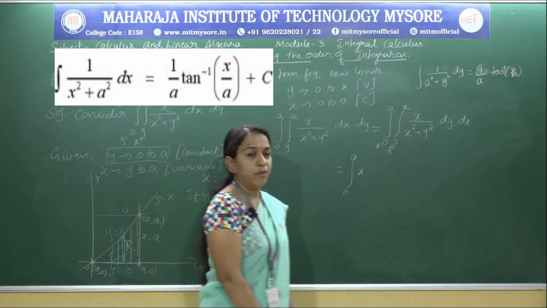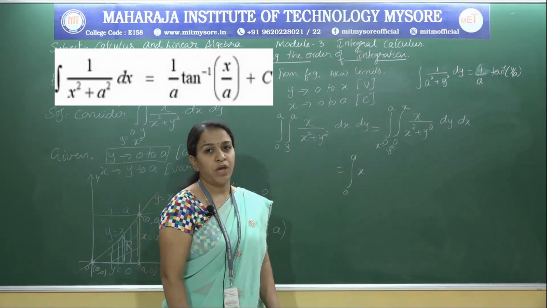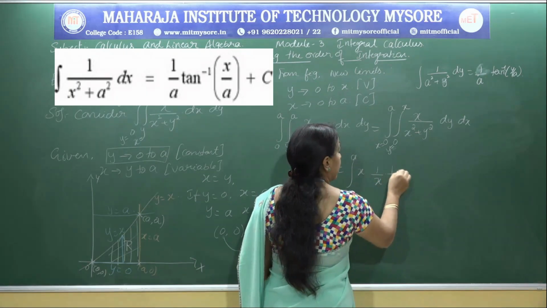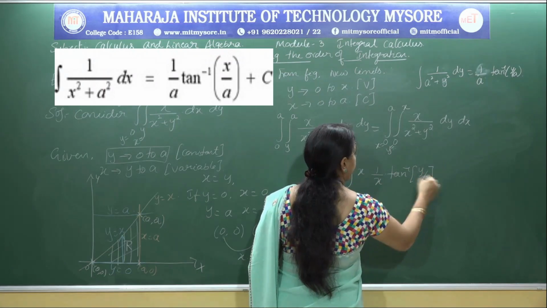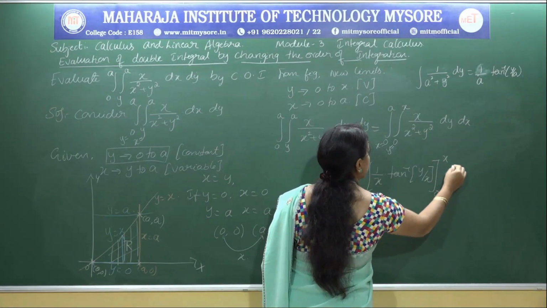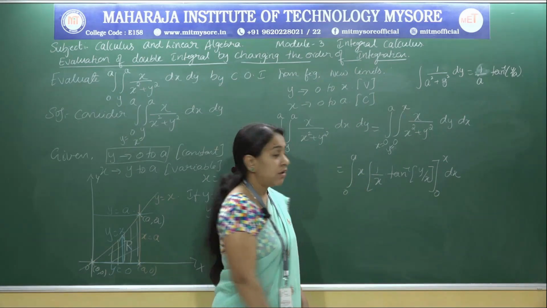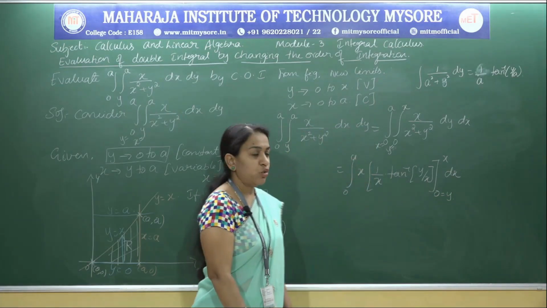That is a standard formula. Using that, in place of a, here we have x. Therefore, 1 by x into tan inverse of y by x between the limits 0 to x, into dx. So x is a constant, here y is a variable, and y varies from 0 to x.